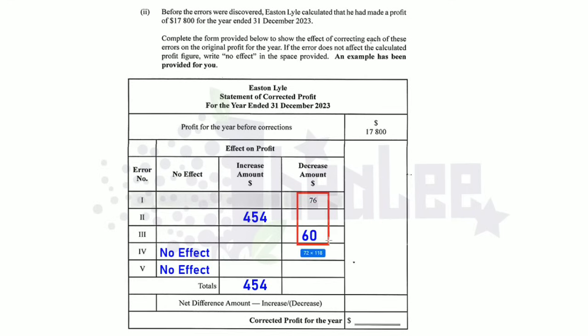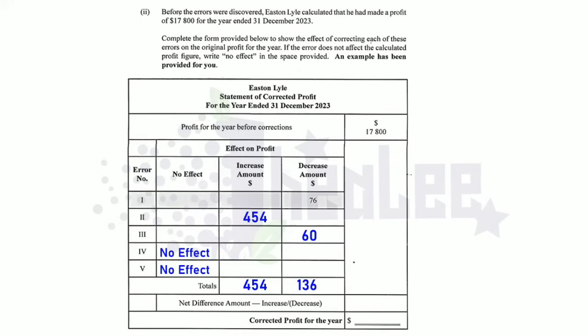And we also have $60 from error number 3, which is also indicating a reduction in the profit. With that said, we are going to add both to give us a total that we are going to enter in the decrease column, and that is 136.